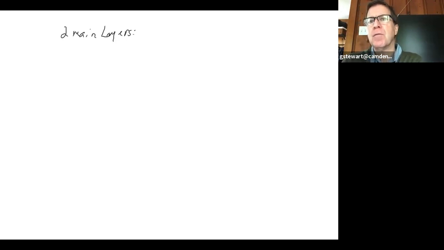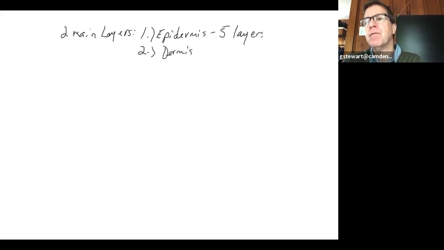So the two major layers are first the epidermis and the dermis. And we talked about the 5 layers of the epidermis. I'm going to start with the dermis today, but I'll repeat the 5 layers really quickly.